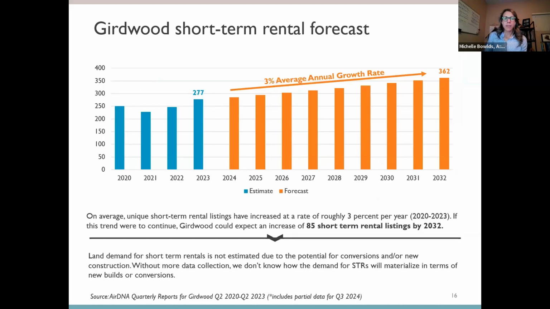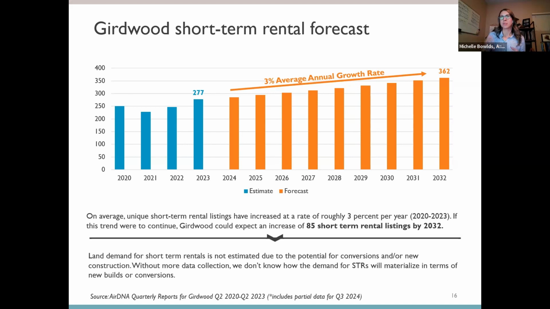Looking forward, on average, short-term rental listings increased at a rate of roughly 3% since 2020. If that growth rate were to continue, we could see an increase of about 85 short-term rental listings by 2032. And just to note, land demand for short-term rentals is not estimated due to the potential for conversions and/or new units.